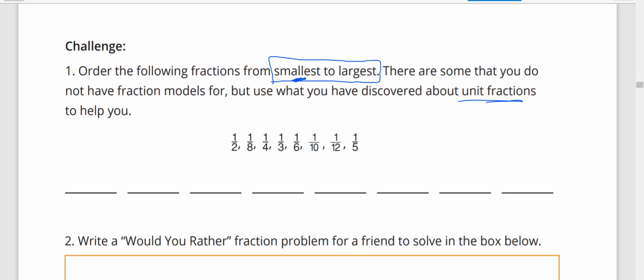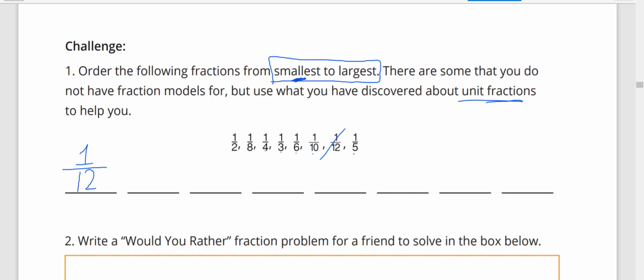Which is the largest denominator: 2, 8, 4, 3, 6, 10, 12, or 5? Yes, 12 is the greatest denominator, so it is the smallest fraction. So we write one twelfth first because it is the smallest fraction, because it has the greatest denominator.